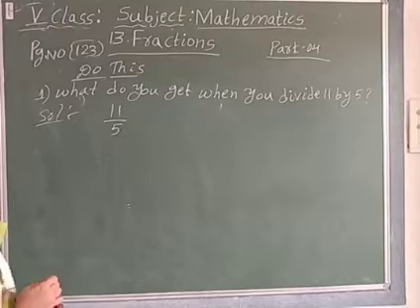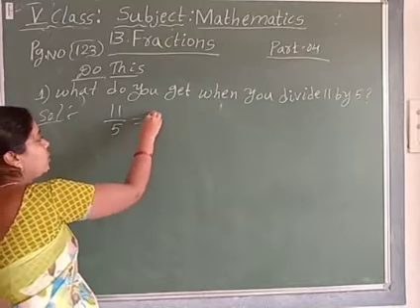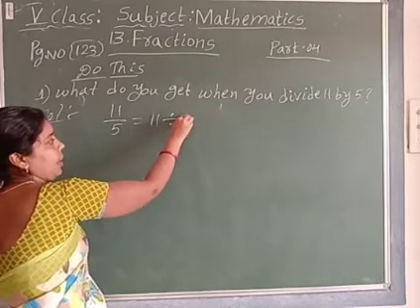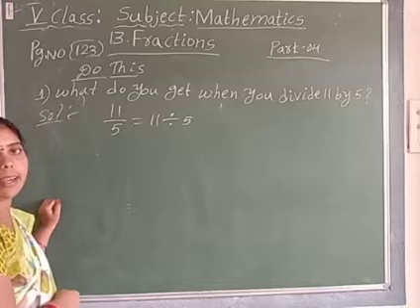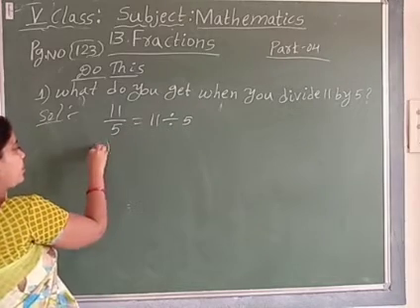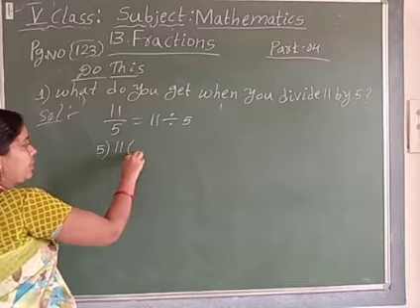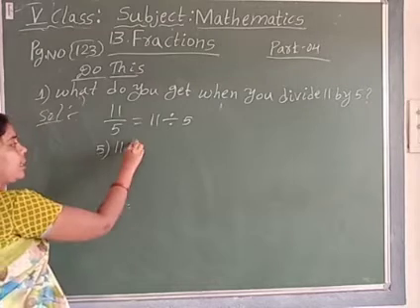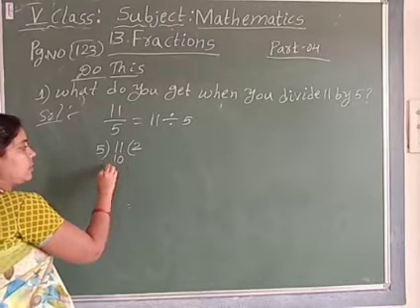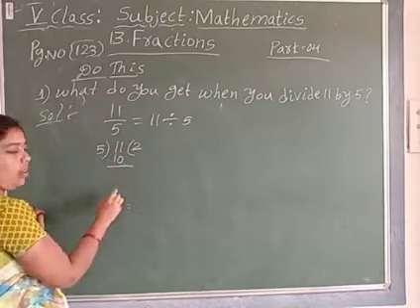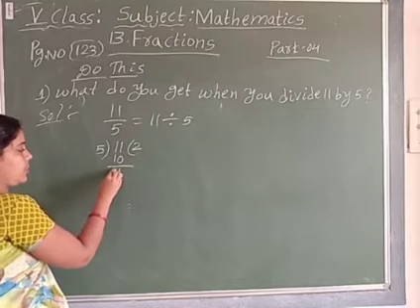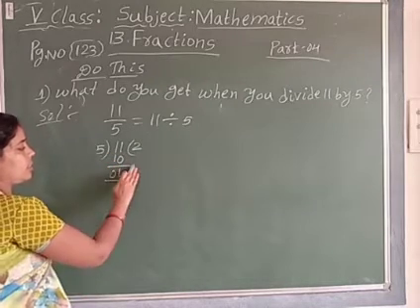Which line are we solving? Here it equals 11 divided by 5. See here: 5 into 11. 5 twos are 10. So 1 minus 0 is 1. 11 minus 10 is 1.